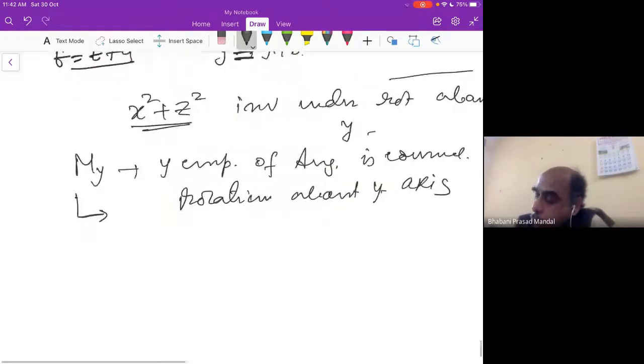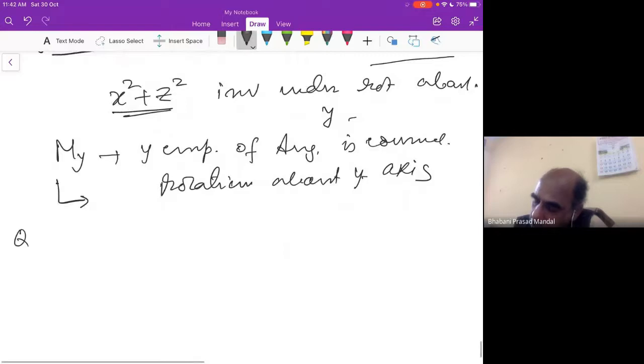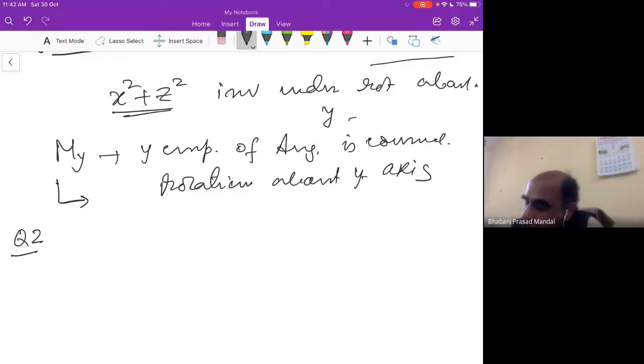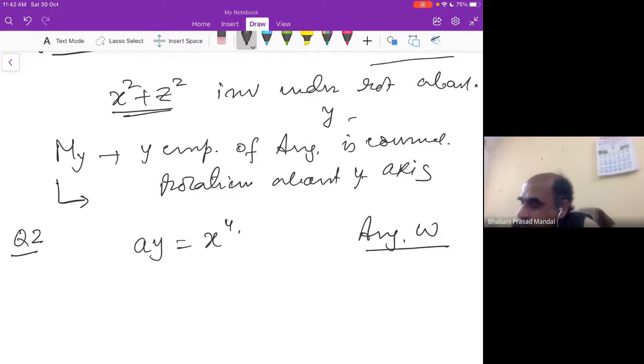Now question 2. What was question 2? Can somebody remind me? It was that wire problem? Yes, sir. Okay, so you have a particle that moves in a wire given by the equation a y equals x to the power 4, and y direction is vertical. Now the whole frame is rotating about the y-axis with constant angular velocity omega.